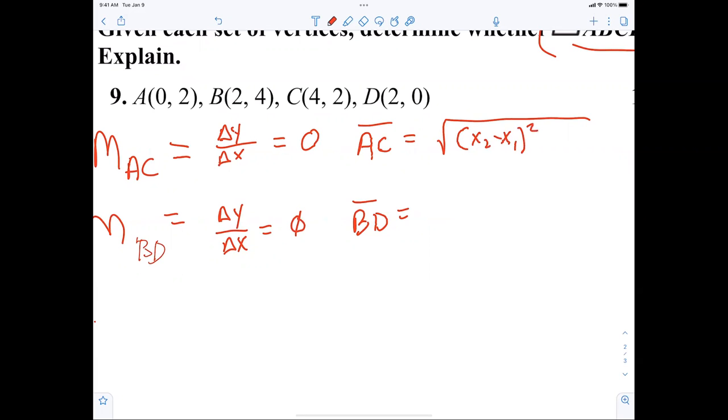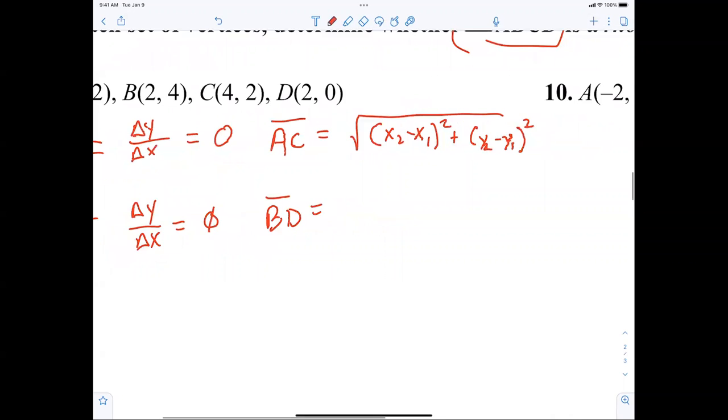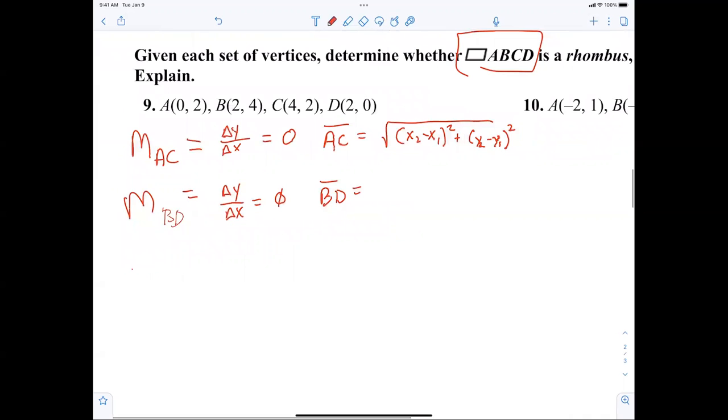X2 minus X1 squared plus Y2 minus Y1 squared. And those of you who looked at it and said it's vertical or horizontal, I'm okay with that, but I still need you to know the distance formula. So what is AC? Someone tell me. 4. Do we agree? And what's BD?